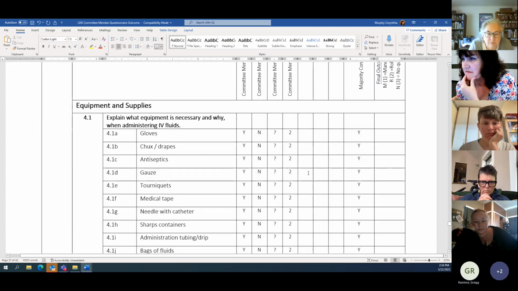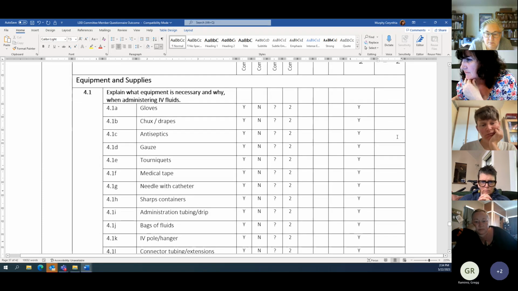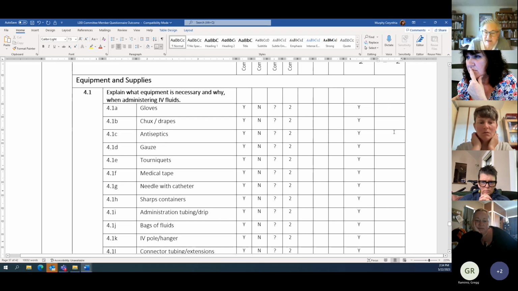Explain what equipment is necessary and why when administering IV fluids. I gave these a 2 because we're going to have this equipment already at the testing site. They're not having to pull it together themselves. Skills, yeah. On the skills test.